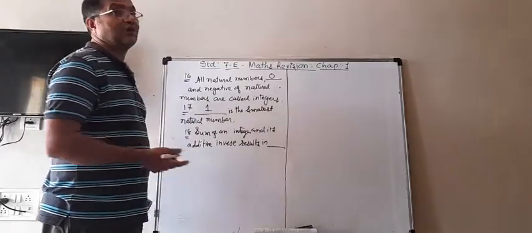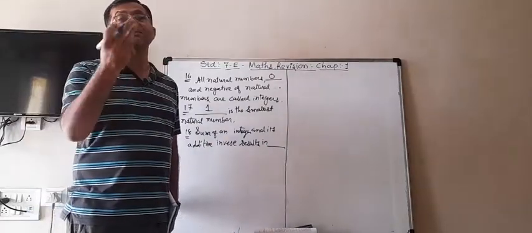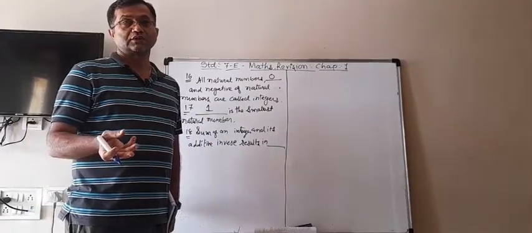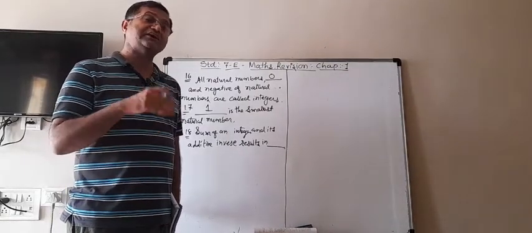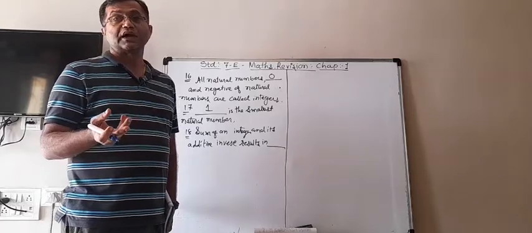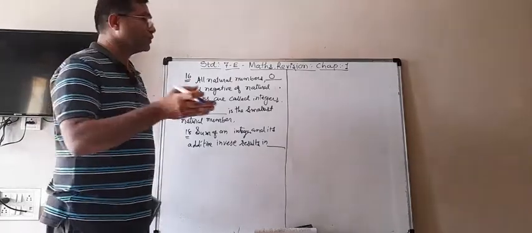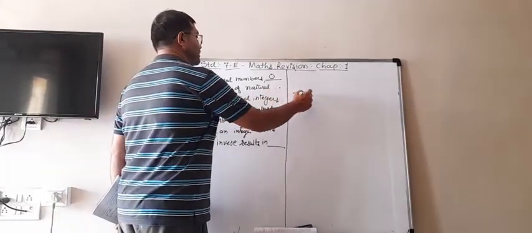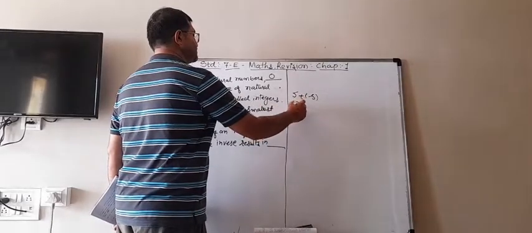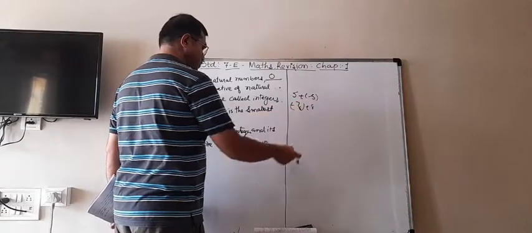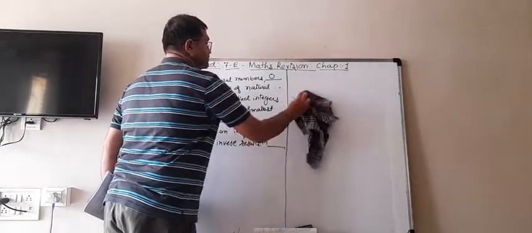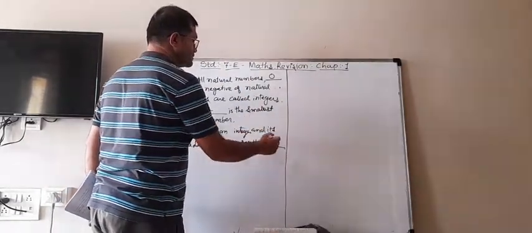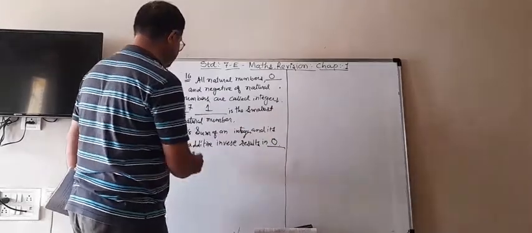Means what is the sum of the integer and its additive inverse? We know that when we add an integer and its additive inverse, the answer always becomes 0. Say 5 plus minus 5, minus 8 plus 8. So the number and its additive inverse result in 0. So the answer is 0.